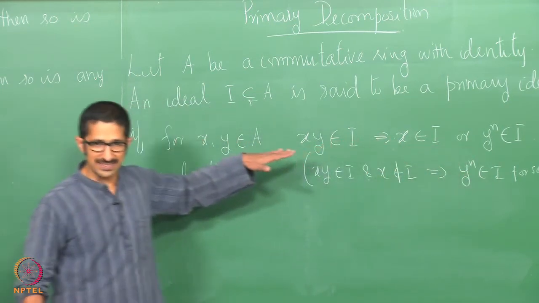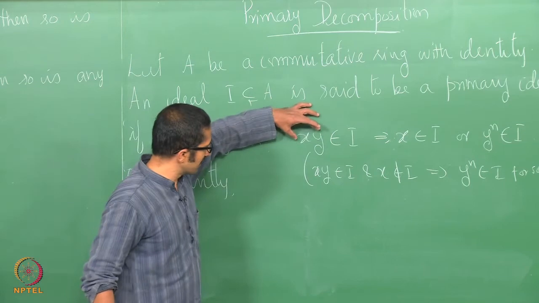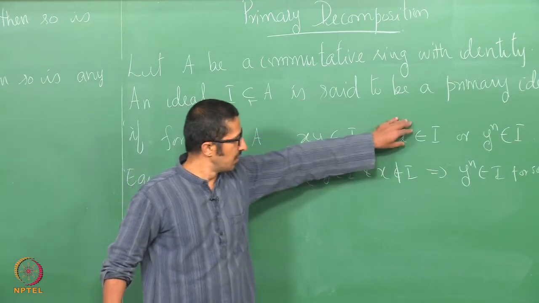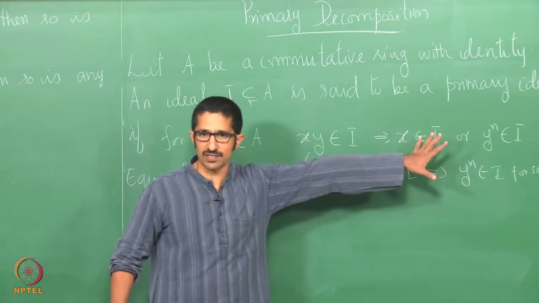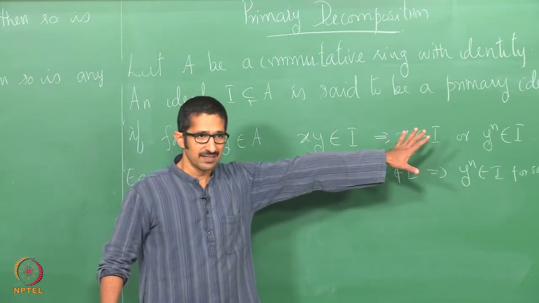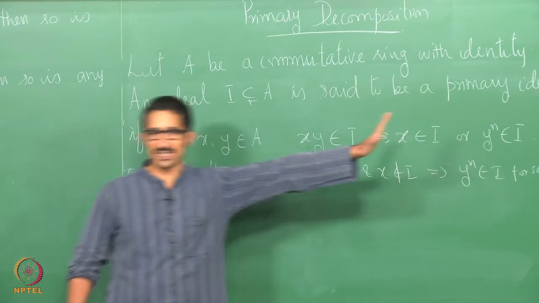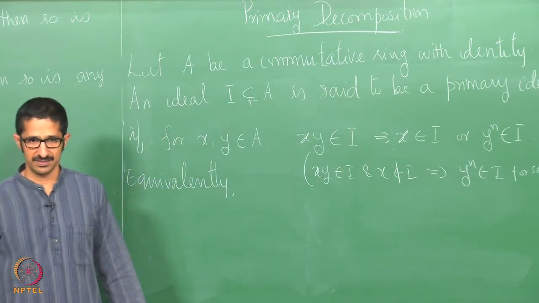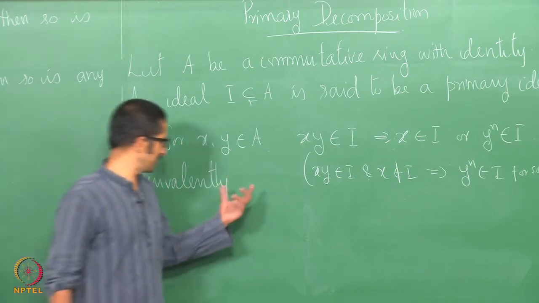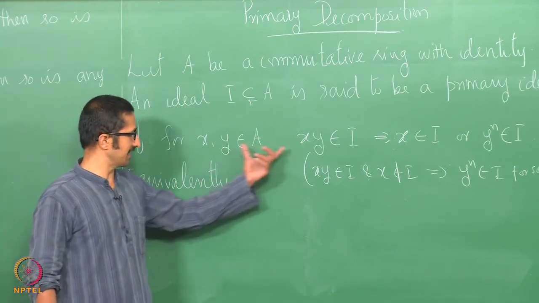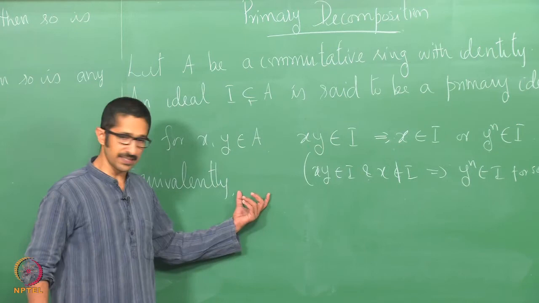What it says is that if there is a product with one of them not in I, then some power of the other element should be in I.